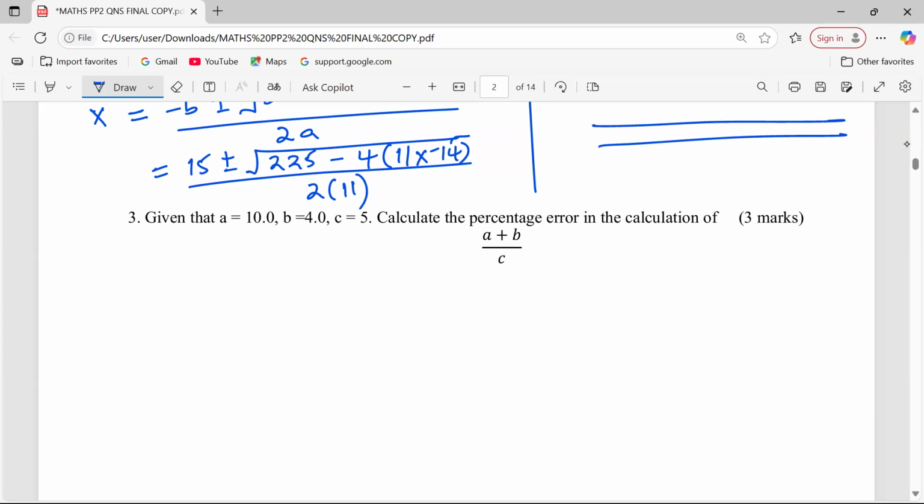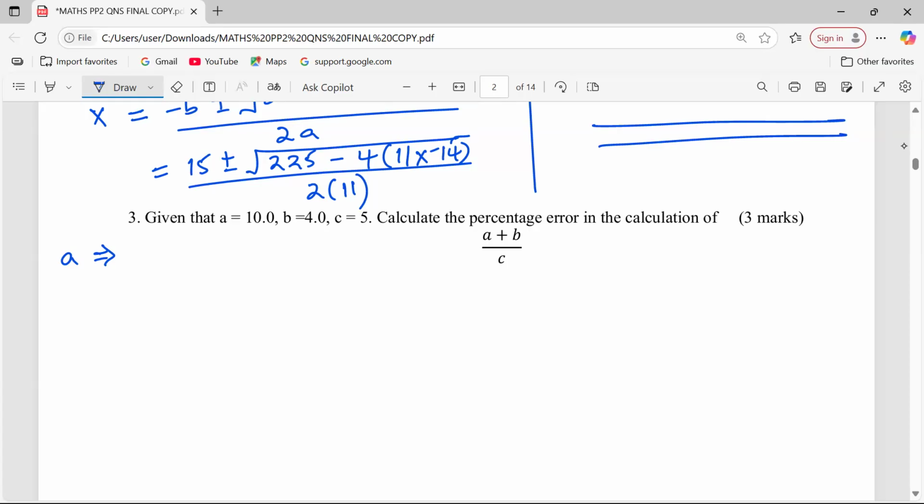For example, A is going to lie between... A has been recorded to an accuracy of 1 decimal place. That means from the accuracy, we can calculate the absolute error.